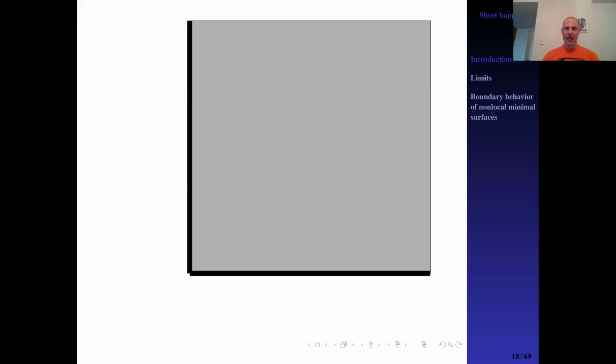And the idea, so why the proof is not completely obvious? Well, consider that in the classical case, if you have a corner like this one, you may say, oh, this is not going to be minimal because I cut the corner and I reduce the perimeter, I reduce the length.